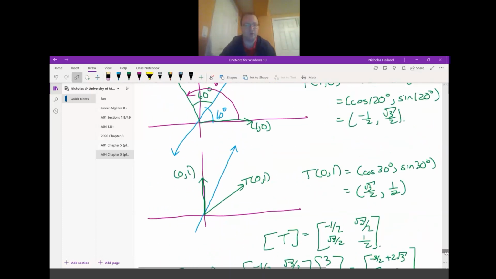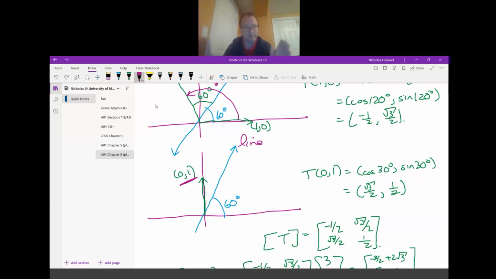For the second one, again, we were given that this is 60 degrees. That was given in the question. So if this angle is 60 degrees, what's the angle between the vector 0, 1 and the line? We're trying to reflect 0, 1.